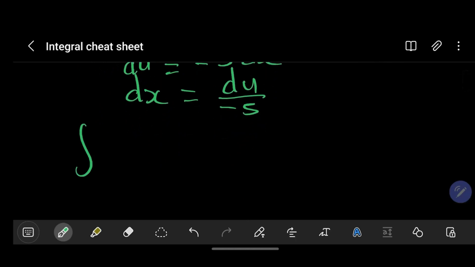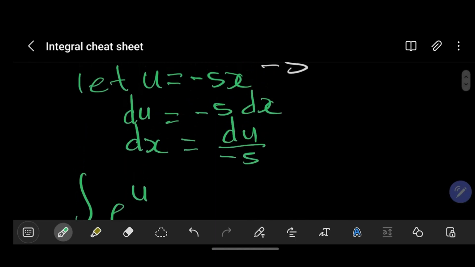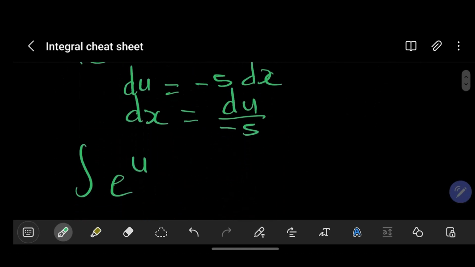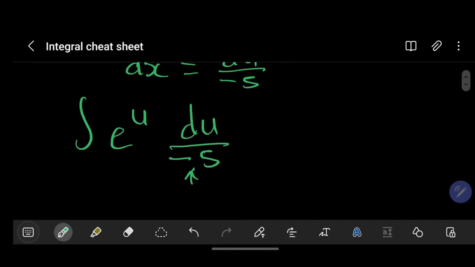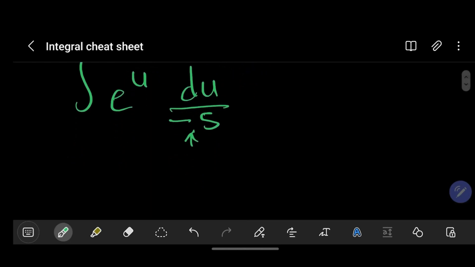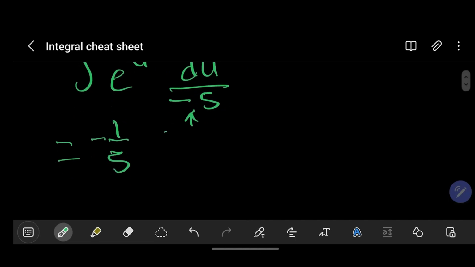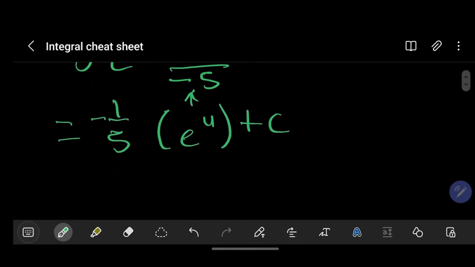So we have the integral of e to the u, because minus 5x is now u, and dx is now du divided by minus 5. We can see that we can take the minus 5 to the front, so we can have this equal to minus 1 over 5 times e to the u plus c. Now we can take this further.